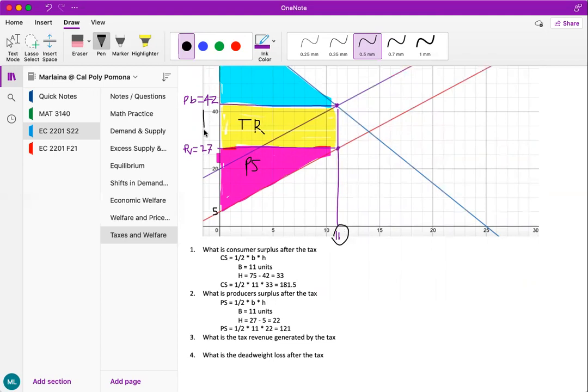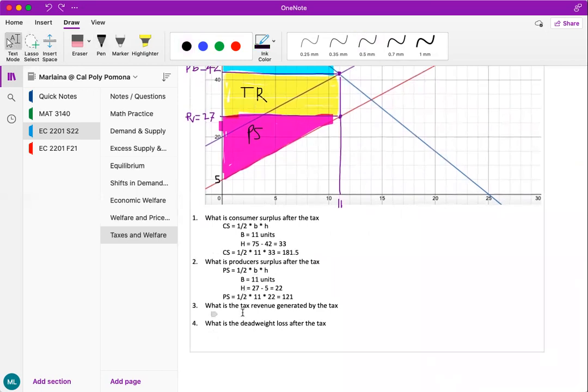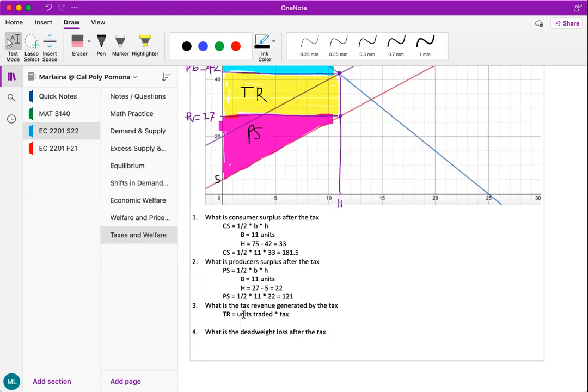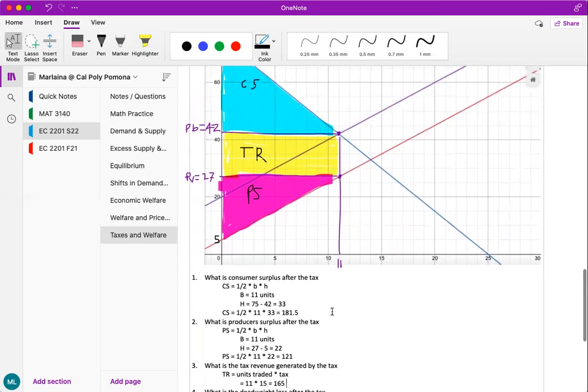Our height is the tax wedge, the amount of the tax. And so base times height is going to be the units being traded in the market times the tax per unit. So our tax revenue is going to be given by units traded times tax. And for us, that's going to be 11 times 15. This was a tax of 15. And so we get 165 for our tax revenue.